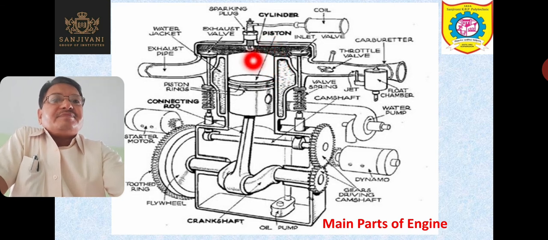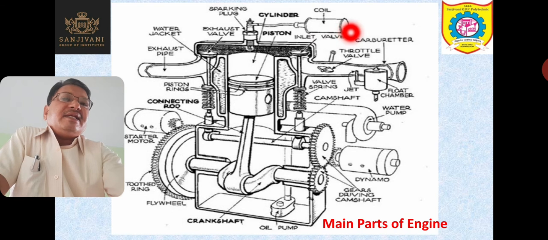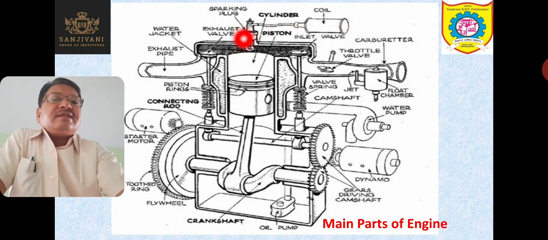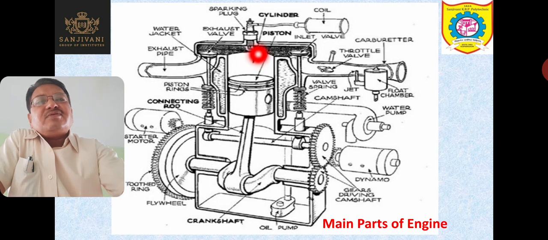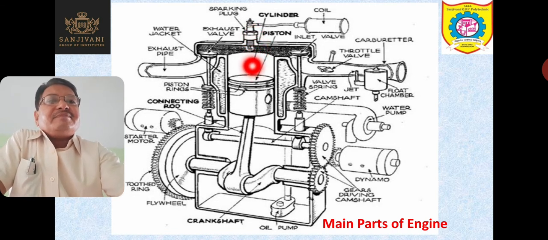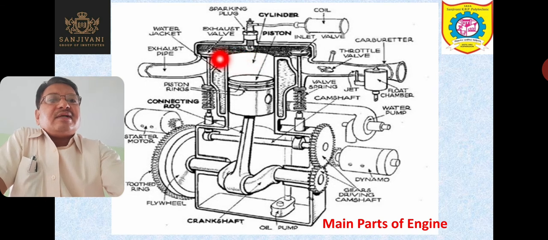Then this is the spark plug. Through the primary and secondary coil, the current is passed to the spark plug, and the spark is produced at the right time. Then this is the exhaust valve, this is the inlet valve, right?